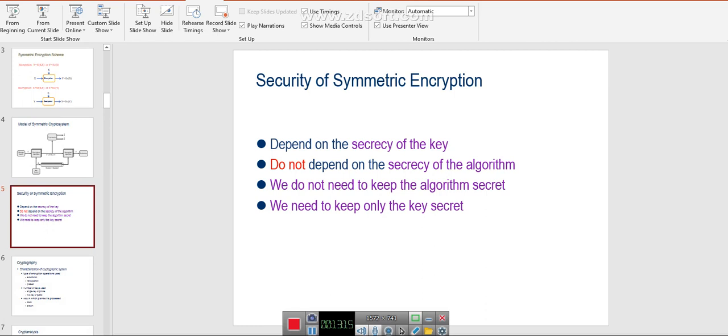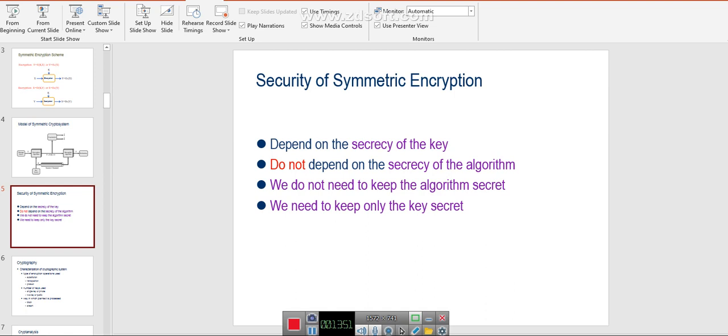Let's discuss the security of symmetric encryption. In order for us to secure symmetric encryption, it depends on the secrecy of the key. That's the first thing. If the key is not safe, then anyone can decipher our ciphertext.